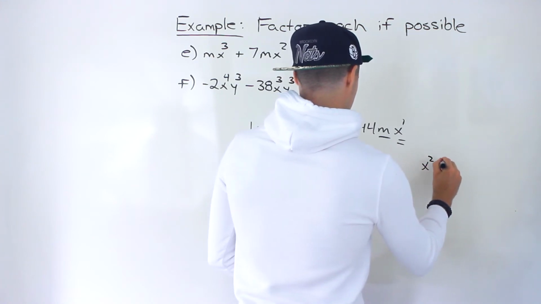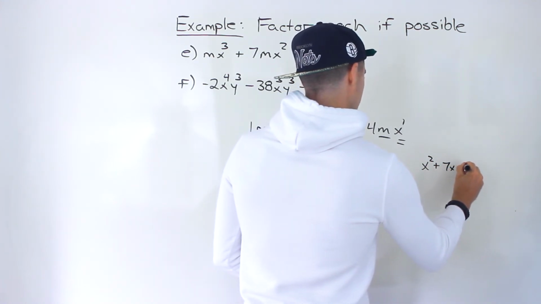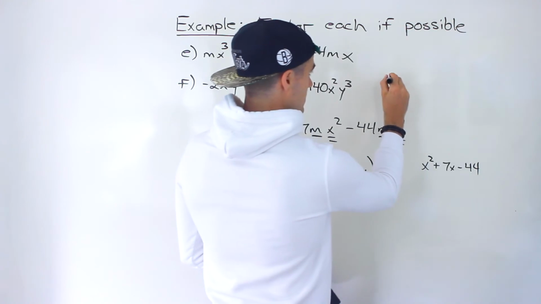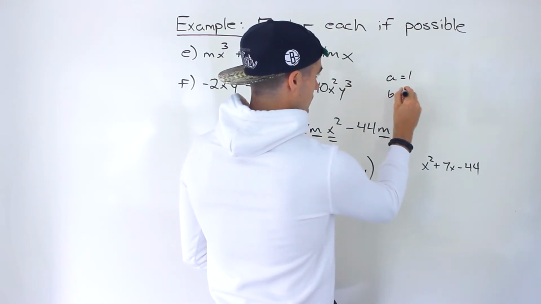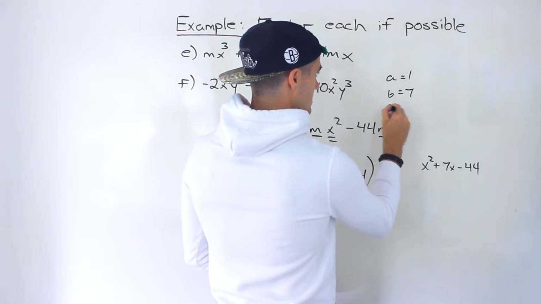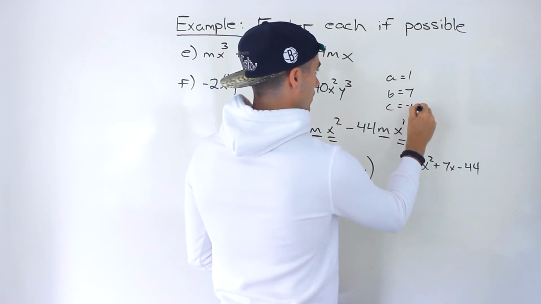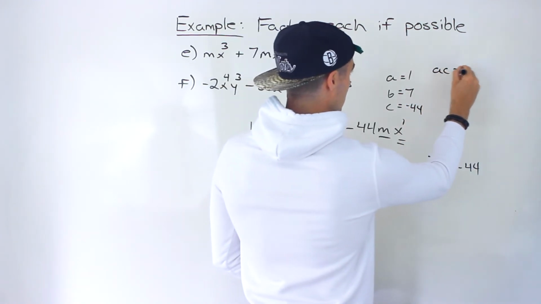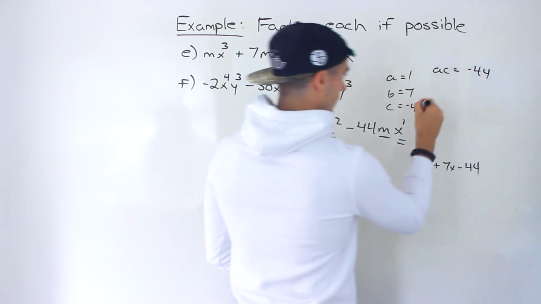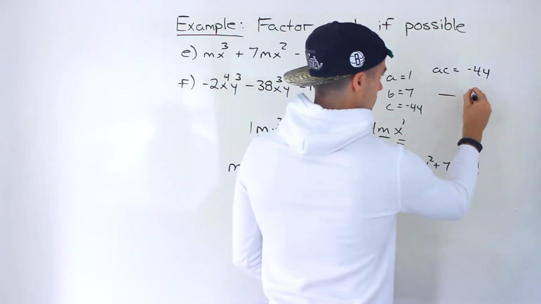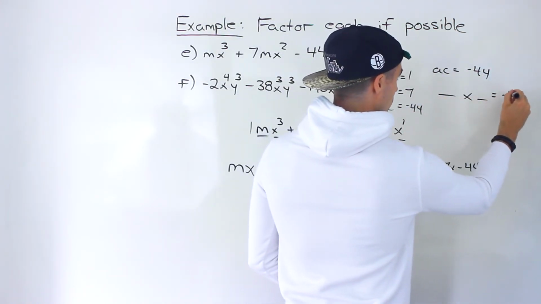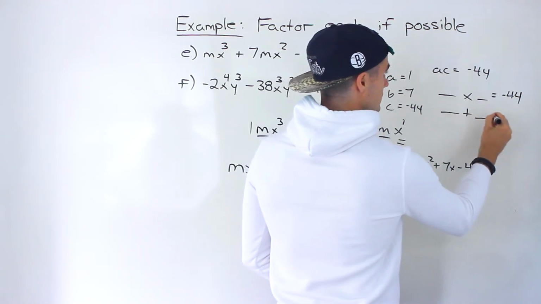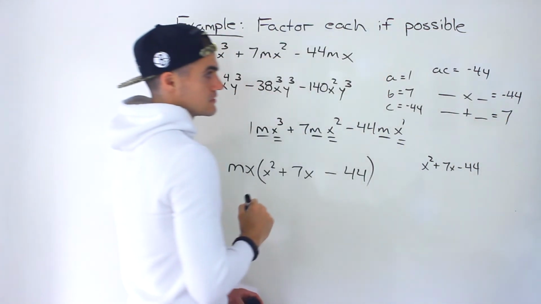with decomposition. So in this case, what's the a value? It's 1, the b value is 7, the c value is negative 44. So the AC value is negative 44, right? Negative 44 times 1. So then we're going to find two numbers that multiply to negative 44 and add up to that b value of 7.